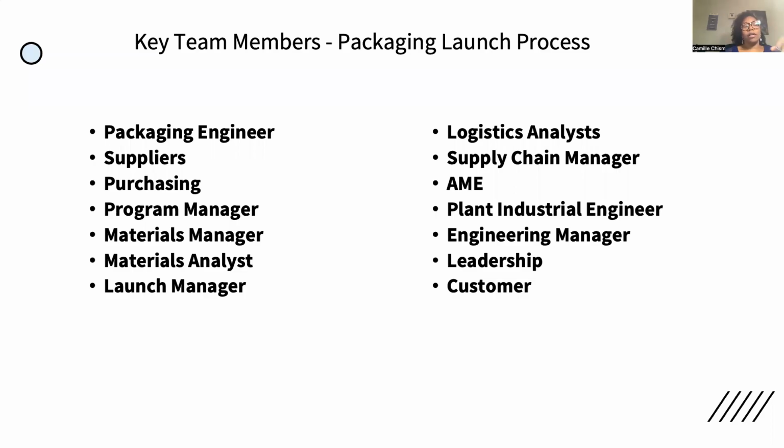They're working in coordination with the launch team, materials management, and purchasing. The supply chain manager, same thing. Supply chain many times in automotive includes the logistics, the trucking, transportation team, but sometimes it also includes the packaging team as well. So just keep that in mind.